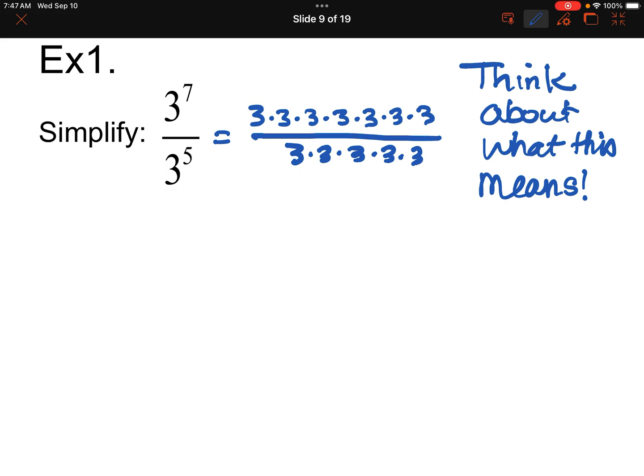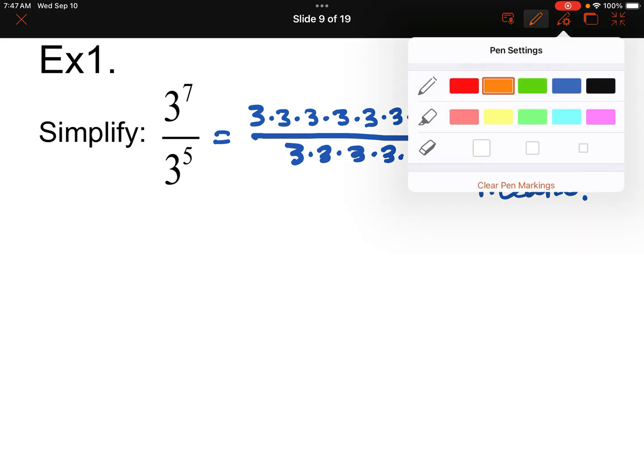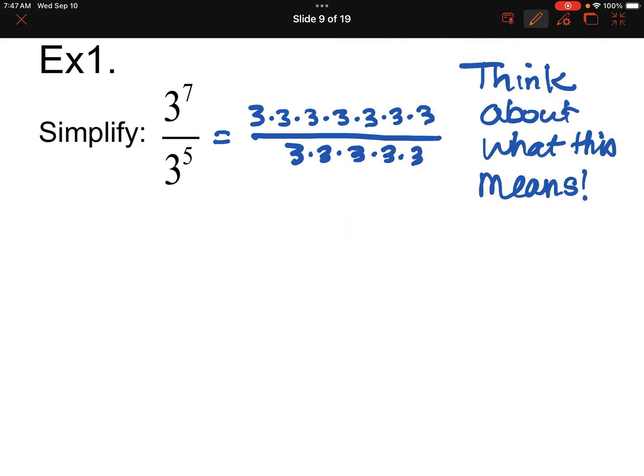And then we're going to say, okay, well, if I have 7 3s over 5 3s, before I multiply all those 3s out for days on end, I am going to look at that and say, can I make this problem easier in any way? Can I simplify this in any way? And hopefully we see common factors in the numerator and the denominator, so we can say, I'm going to cancel here, and here, and here, and here.